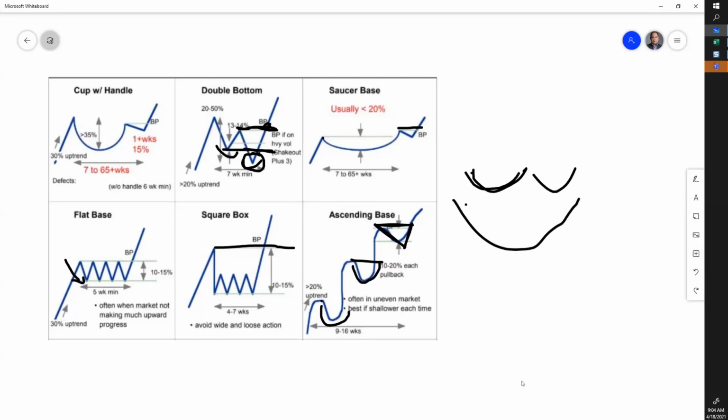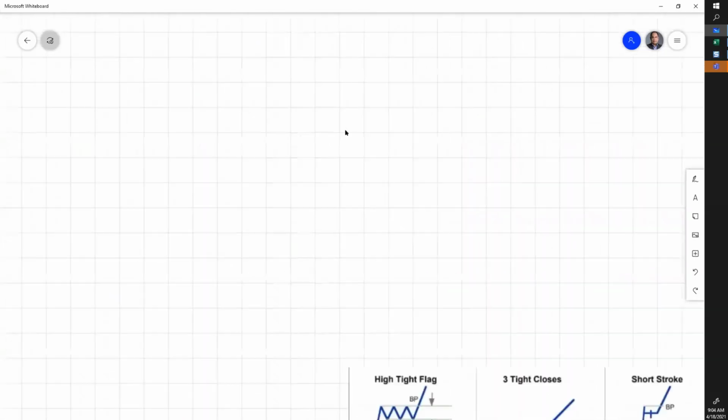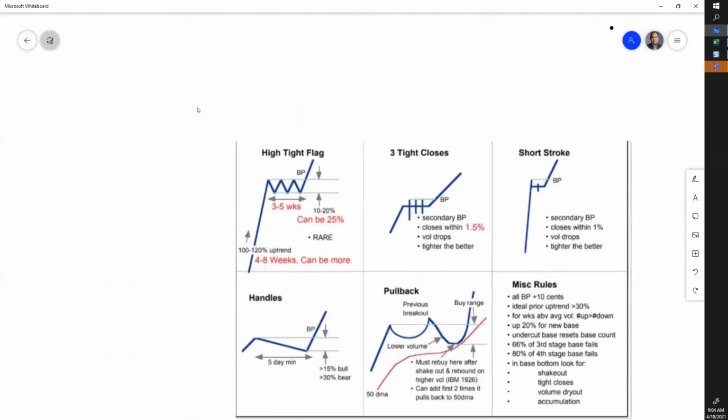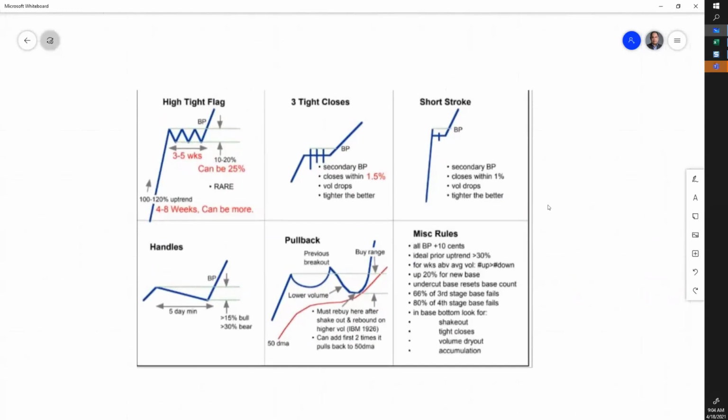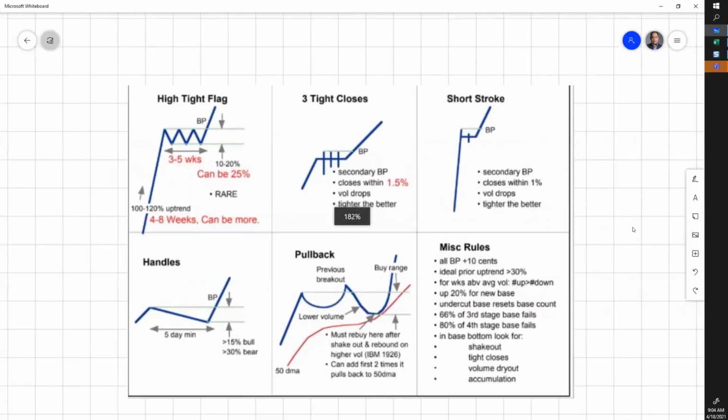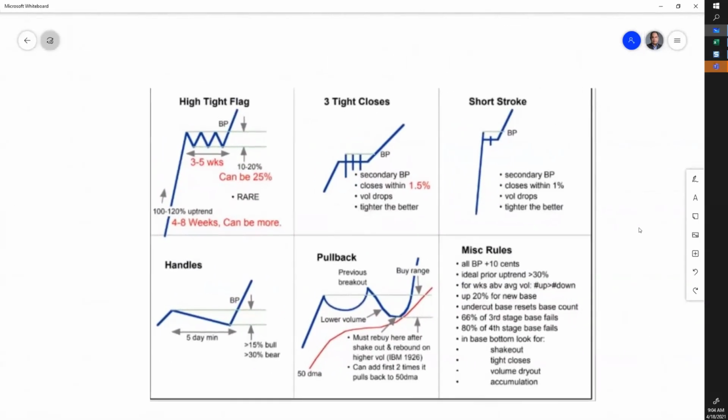Now, the other set of patterns, and this one we've discussed previously, itong mga high tight flags na to, kung saan maikli lang yung duration na inintay natin, and we've capped yung mga pullback nila at less than 25% for high tight flags, or 20% nga yung cut-off natin for high tight flags.